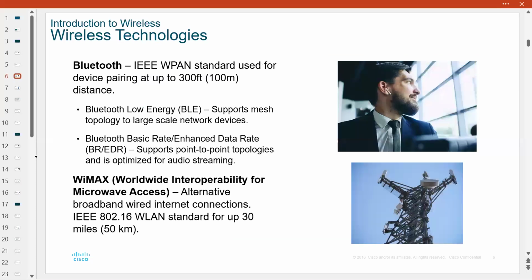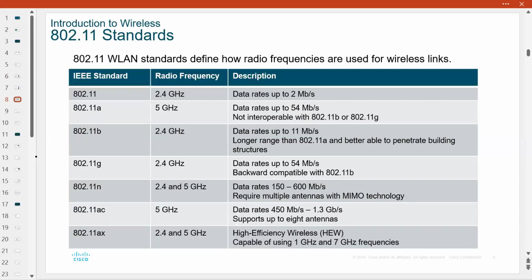Right, you need to understand, let's see, our starting point right here, the standards. If the standards don't match, the standard on the client, the standard used on the access point, or the standard used on the controller, if they are not the same and they are not compatible, you won't get access to the network. The wireless network will not work.